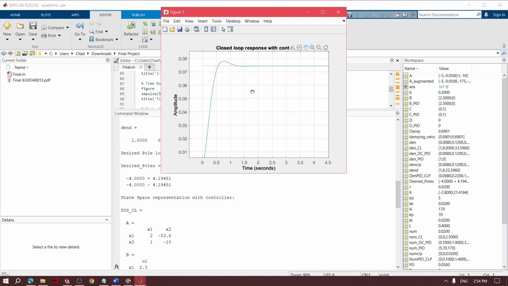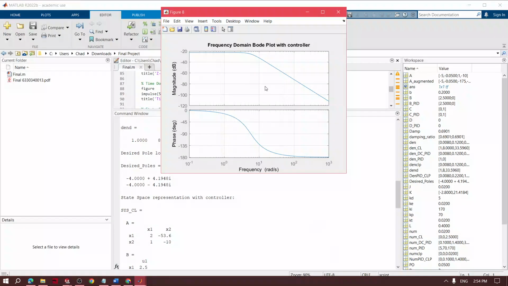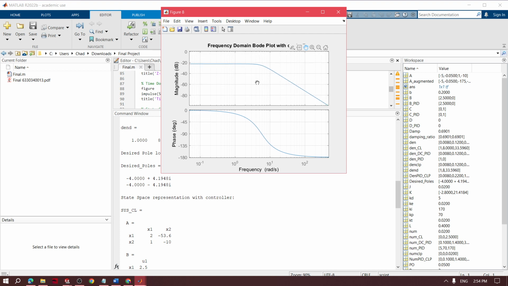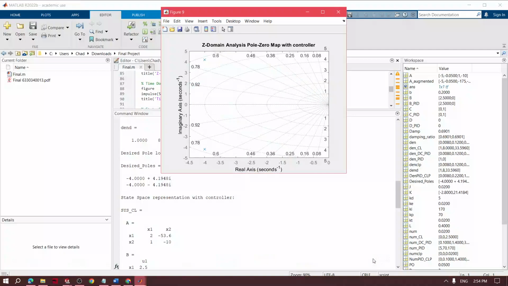It's like 0.0889 or something like that. For the next, figure 8, the frequency domain, the magnitude and the phase degree. And figure 9 is the Z domain analysis pole zero map.